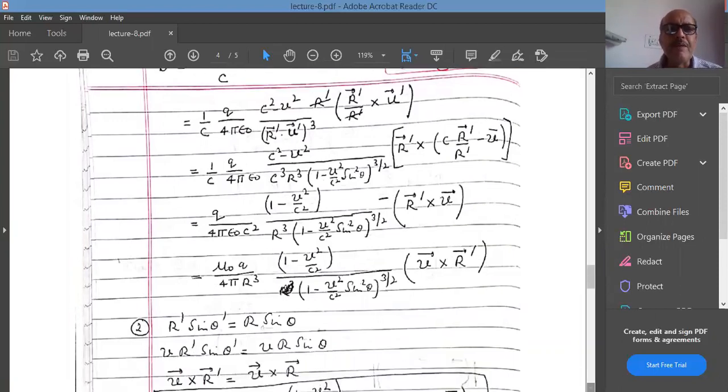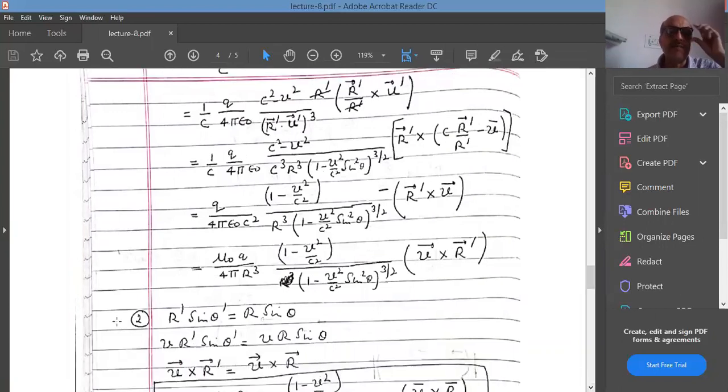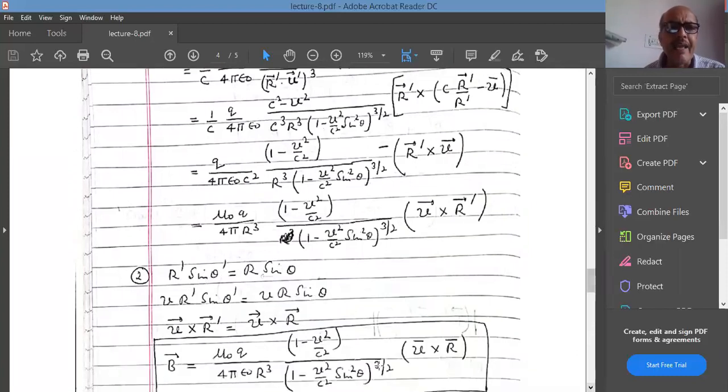So now we make use of the equation number 2. If you look at the equation number 2 here, equation number 2 was obtained from sine of A upon A equal to sine upon B, and that gave us R dash into sine of theta dash to be equal to R into sine theta. So this equation, we now multiply both sides by B. So this becomes B into R dash into sine theta dash equal to B into R into sine theta, and then we can write them as B cross R dash, because here if you expand it, mod of B cross mod of R into sine of angle between B and R dash, that is equal to theta dash.